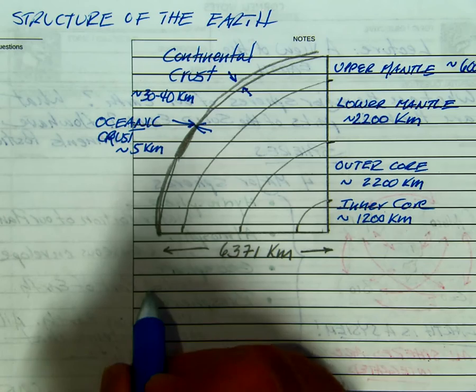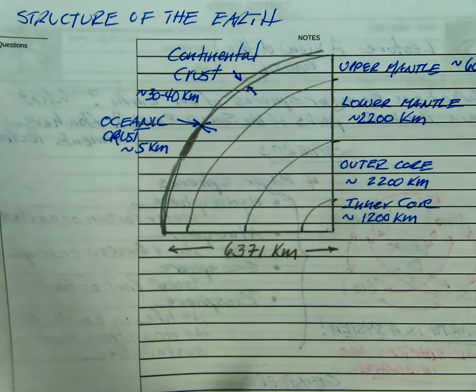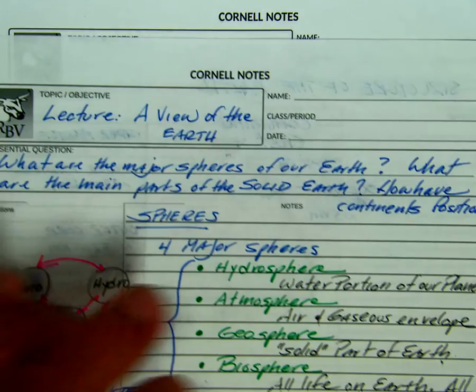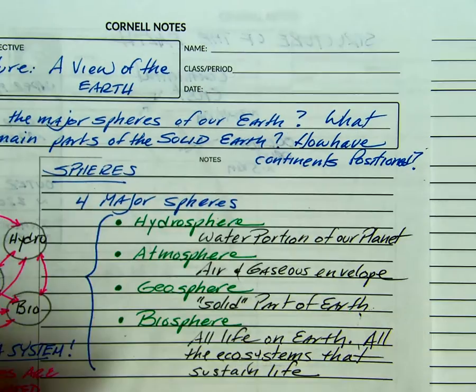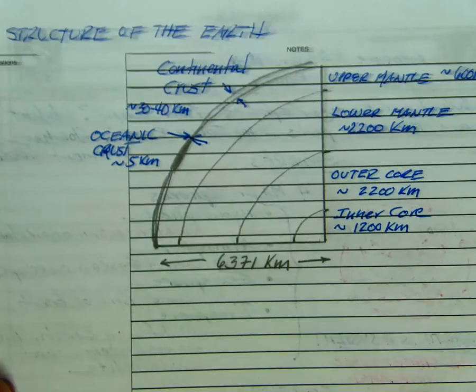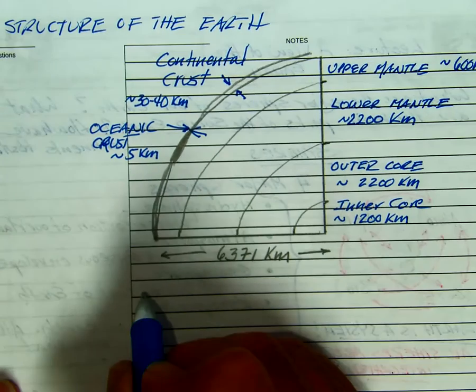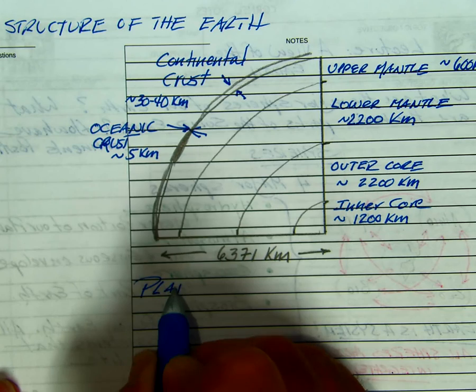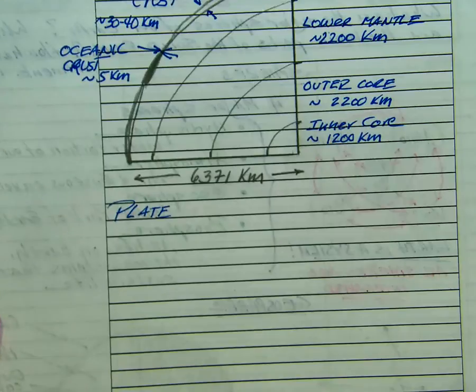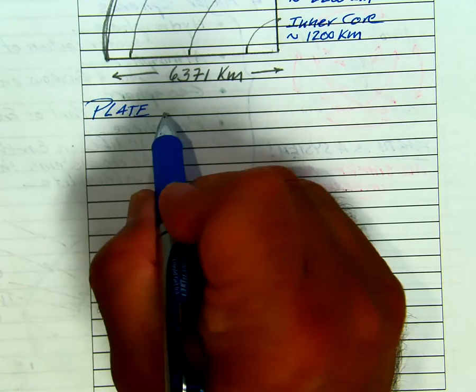And then finally, the last thing that we have, let me switch the page over so you can see it, is how the continents have been positioned. The way I'm going to do this is with plate tectonics.